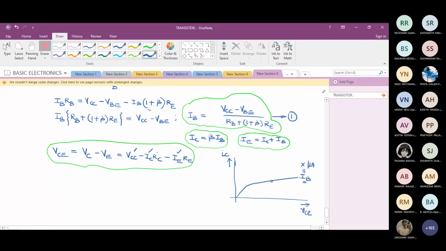So say it falls somewhere here. This is my IC value, say Y milliamps. So I have X microamps of base current and Y milliamps of collector current. Is it fine? Yes, sir.